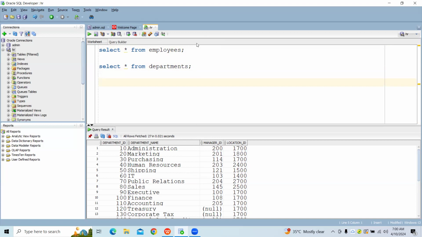Are you clear about how to write a simple DRL query? Guys, are you clear or do you have a doubt at any point? If you have a doubt, please raise your hands. I'll repeat the topic once again. This is a basic query we'll be writing. Depending upon this only, we'll be writing future queries.